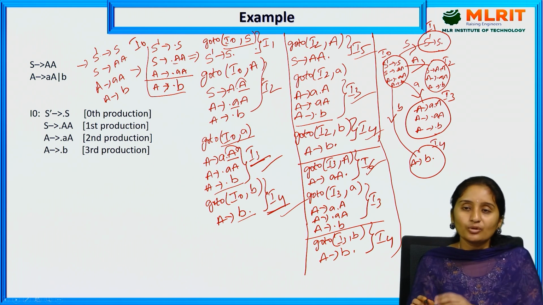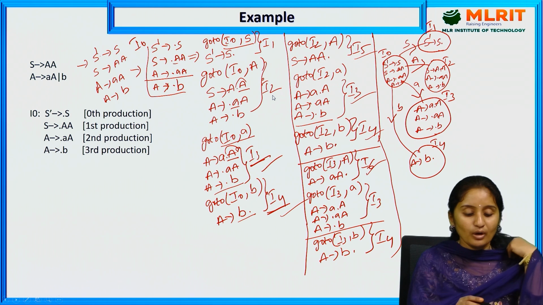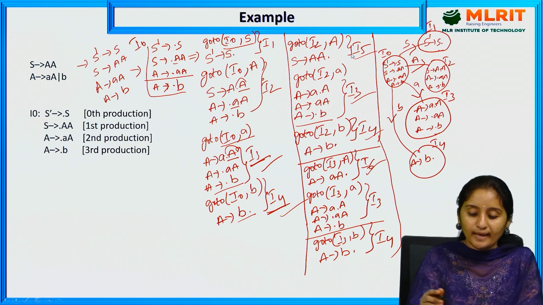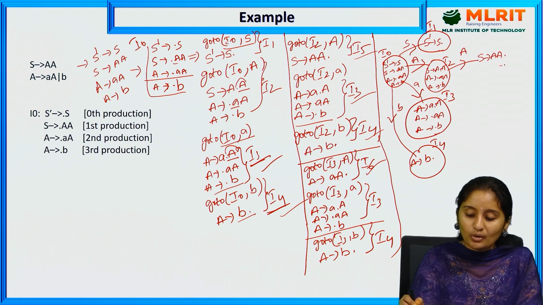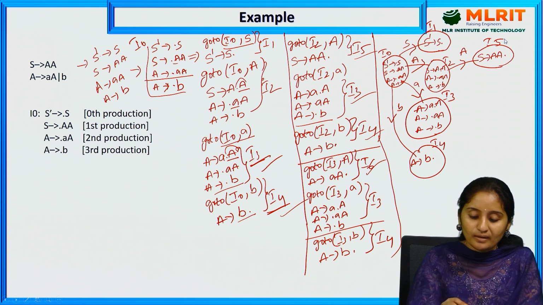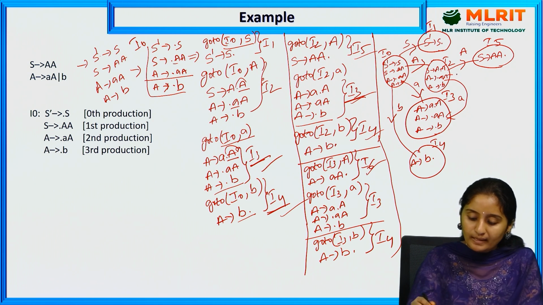For I1, the goto function has nothing new. For I2, go to I2 on capital A: S tends to AA dot. This is I5. I2 on small a moves to I3, and on small b moves to I4.